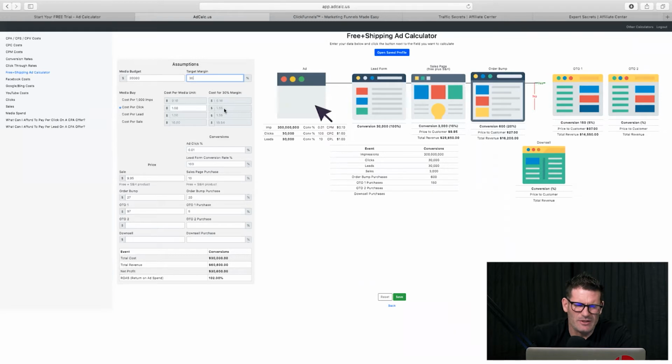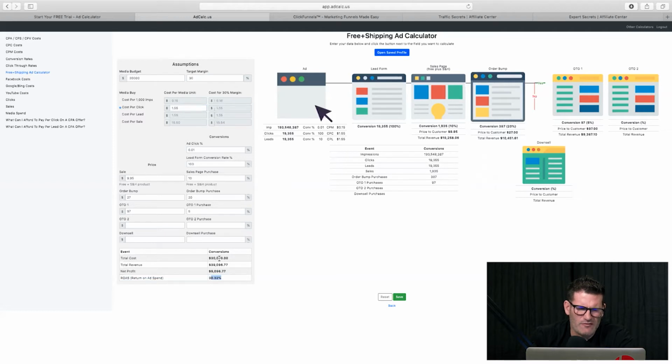So, okay, let me show you on the calculator, $1.55. We were paying $1 flat. Okay? Now let's change that to $1.55. Okay? So I just put $1.55 as what I'm going to bid on Facebook, in Google. Doesn't really matter. It's just what you're paying on a click. And if you see here at $1.55, your return on ad spend is going to be 30%.